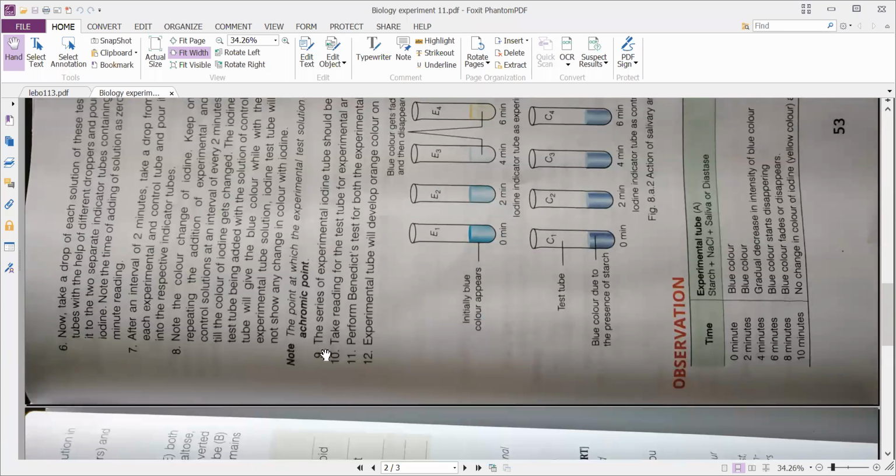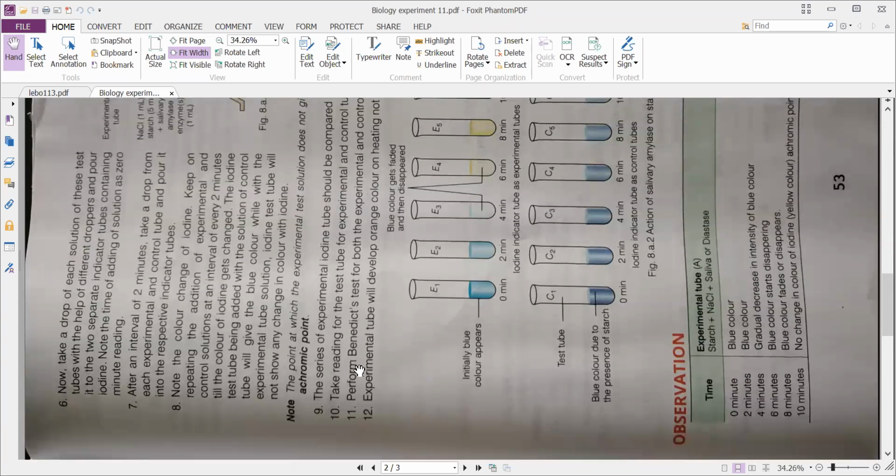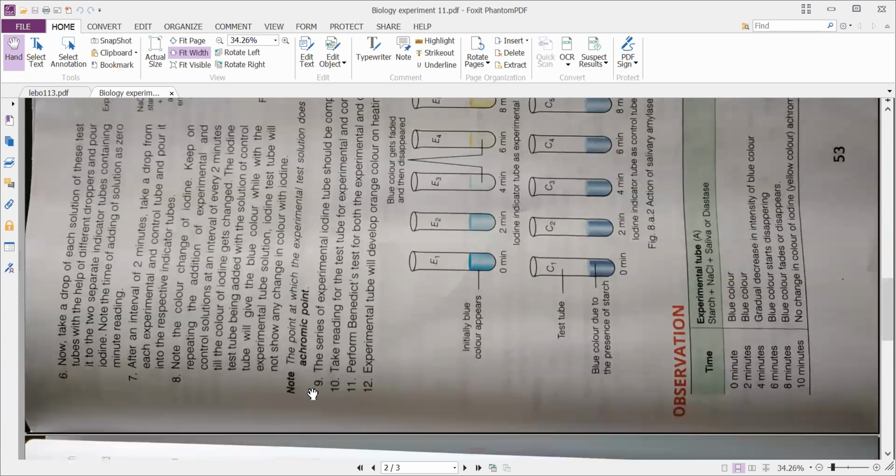You have to write only up to 8 points. Understand? Up to 8 points only. No need of writing the 9th, 10th, 11th and 12th points.